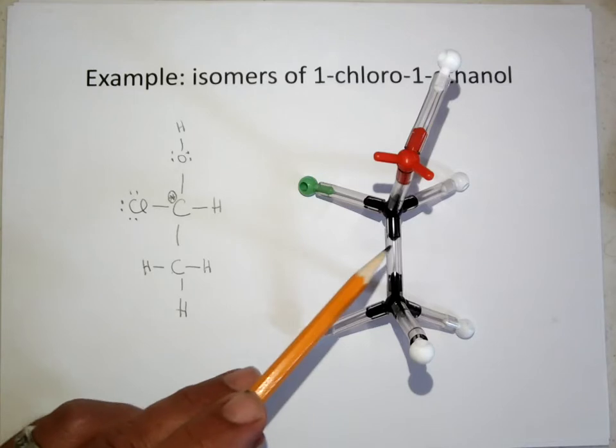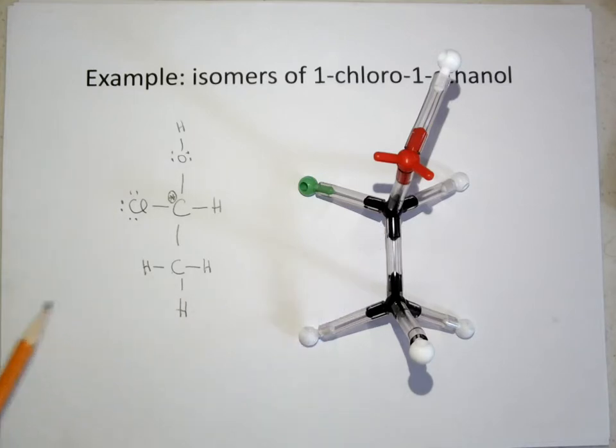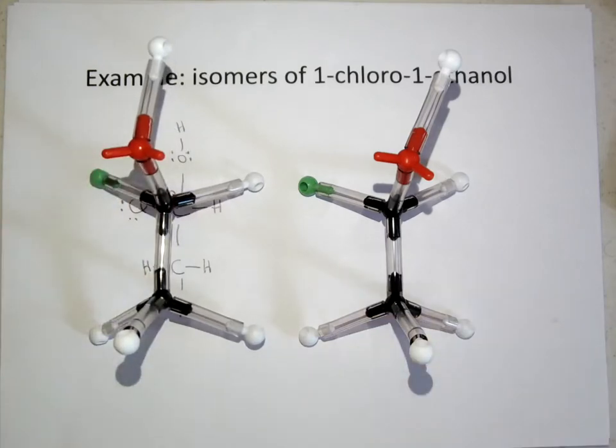And this one is a certain isomer, right? If I go and just sort of randomly build another one of these, then it's either going to be identical to this one, meaning exactly the same. And that's where they say superimposable, because these two are identical.